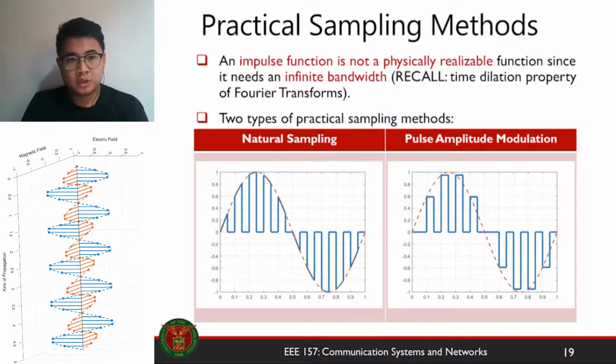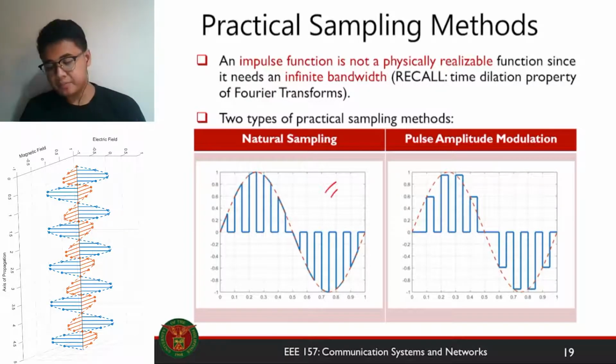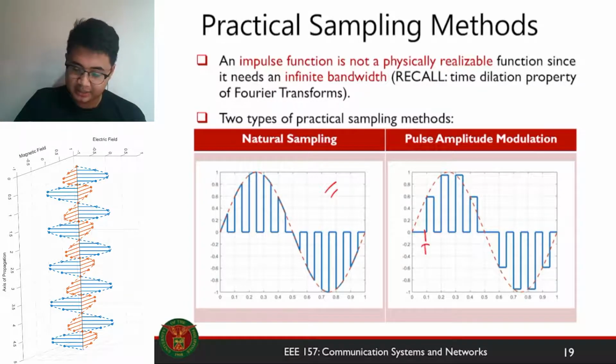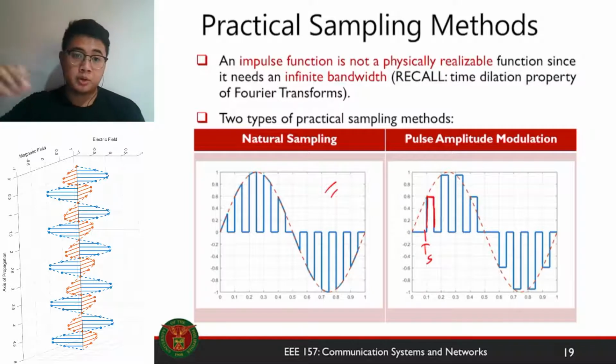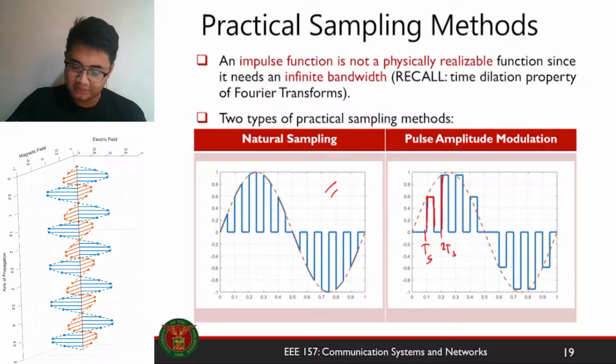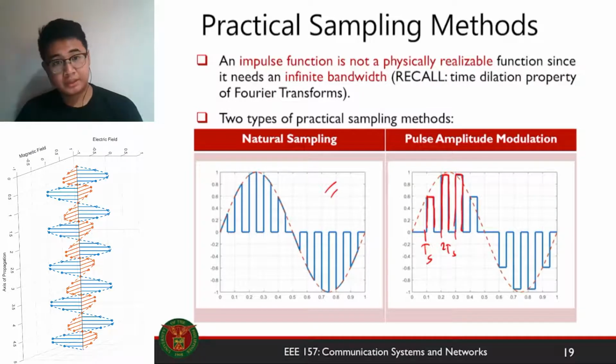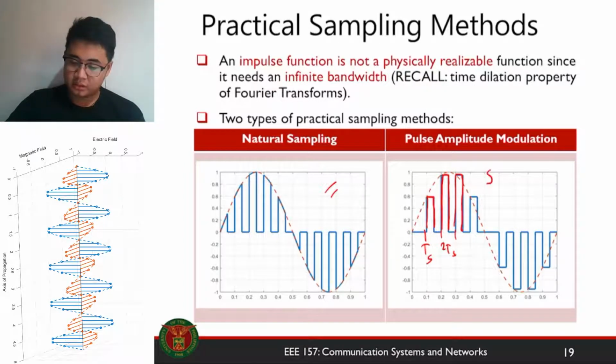So it's similar to ideal sampling, where you multiply an impulse train with your message signal. For pulse amplitude modulation, you sample the signal at some Ts and then hold that value until the rectangular pulse goes back to 0. Then sample again, hold the value, sample again, hold the value, and so on. So that's the difference between them. Pulse amplitude modulation is also called sample and hold.